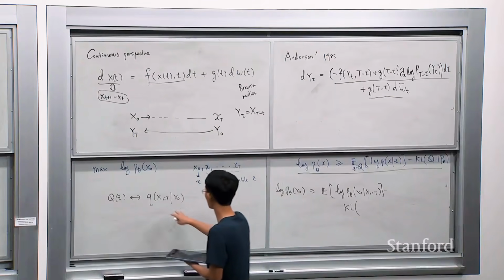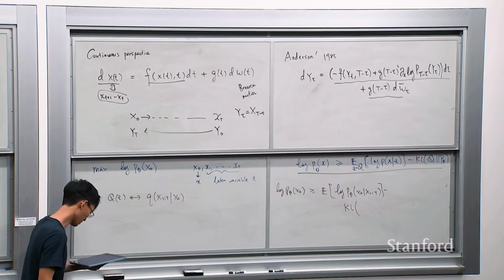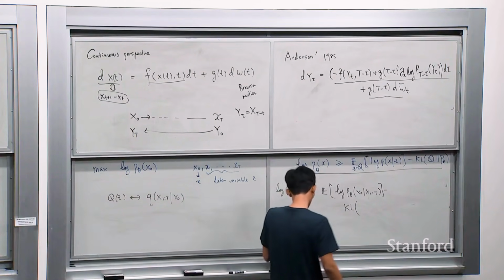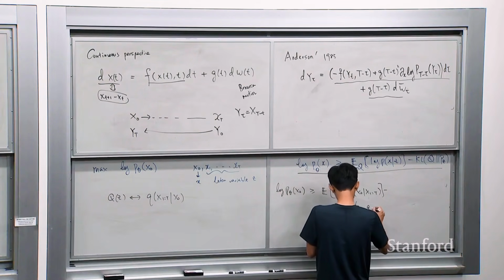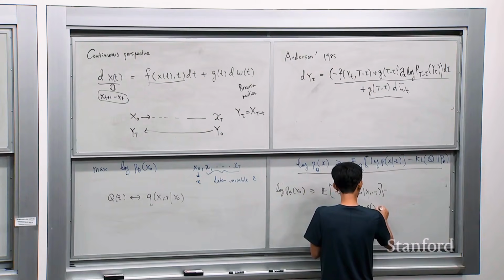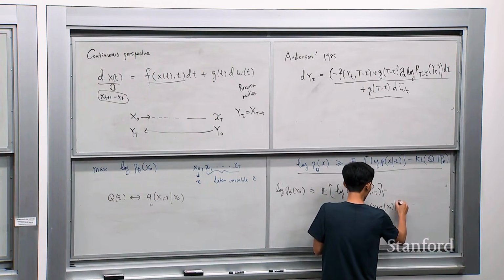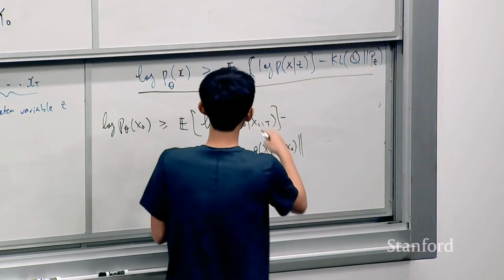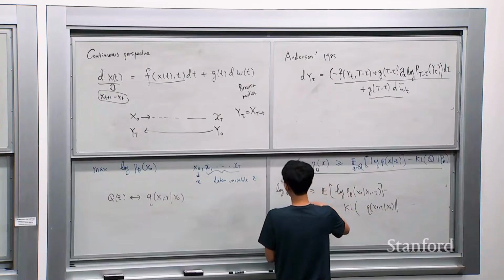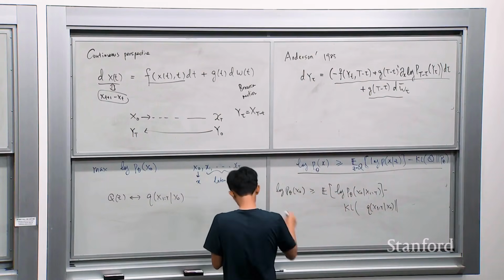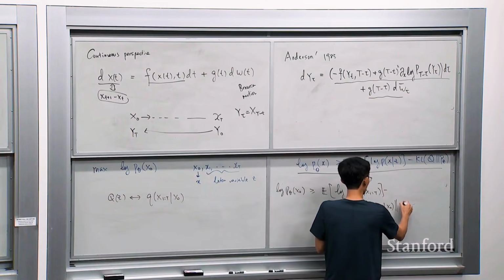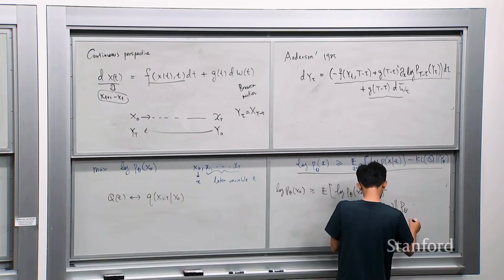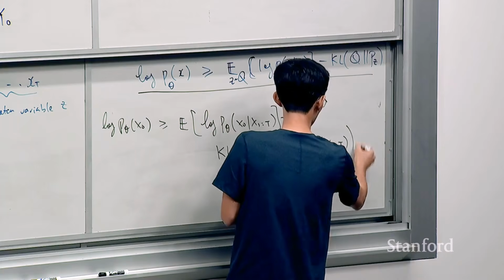Q is this posterior, q of x1 to t given x0. And p of z is the distribution of x1 up to xt, so this is p theta of x1 to t.